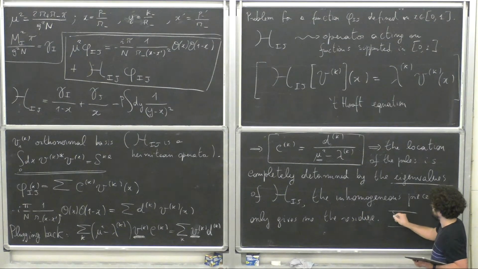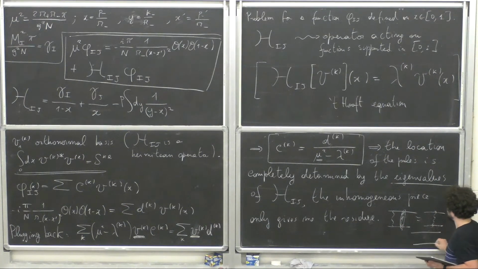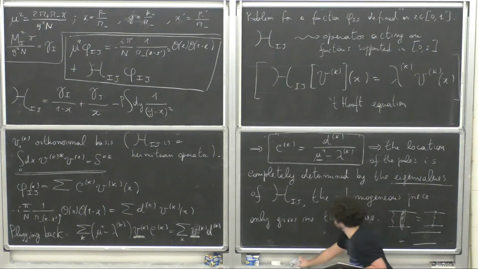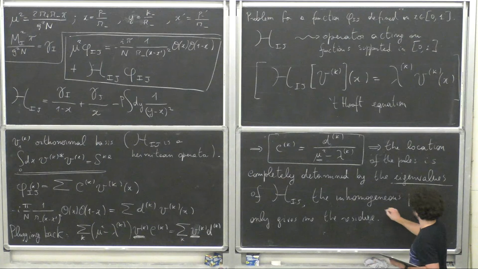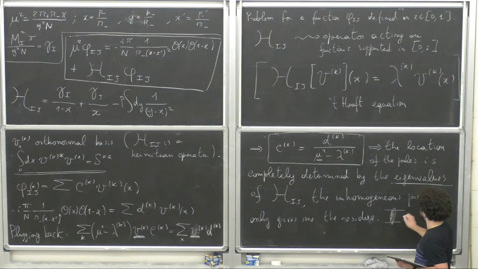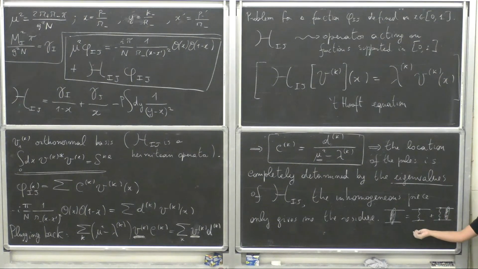You remember that I have this equation, and if I just want to know the poles, well, I think I wrote it wrong. It's a more sophisticated way to write the previous argument: when I go to the pole, I don't really care about this. I just care about the eigenvalue equation. See?